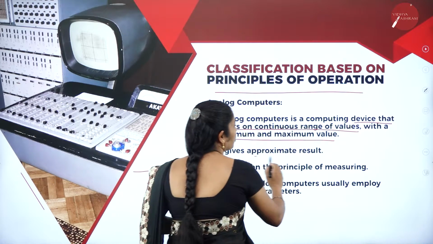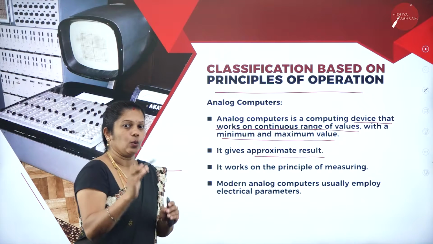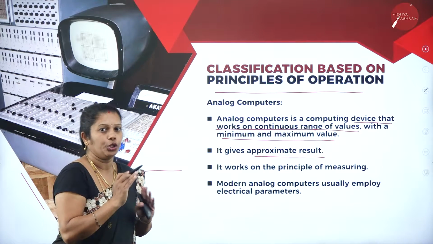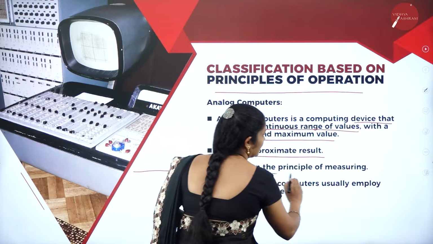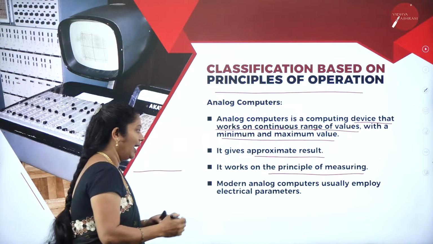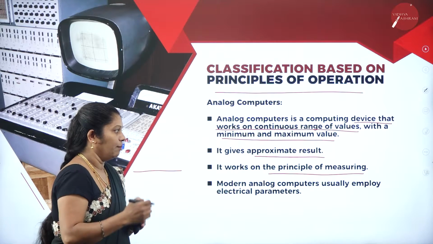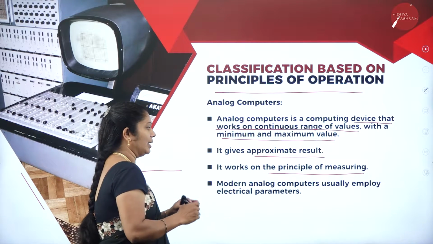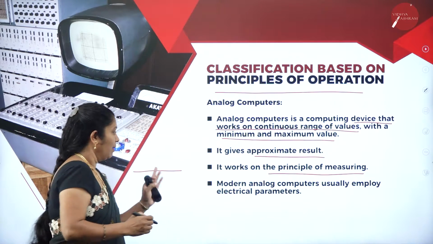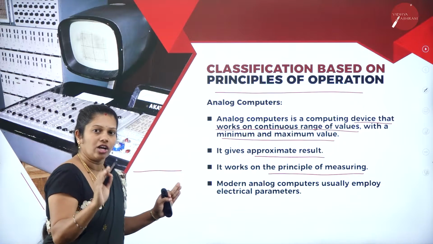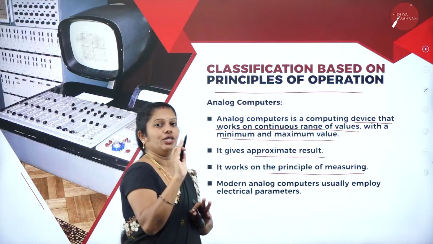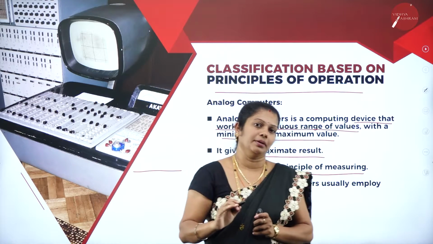It gives an approximate value. Exactly what the exact value is, it will not give; it just gives the approximate value. It works on the principle of measuring, and the modern analog computer usually employs electrical parameters. The main thing you have to remember is that analog computer uses continuous data for processing purpose.